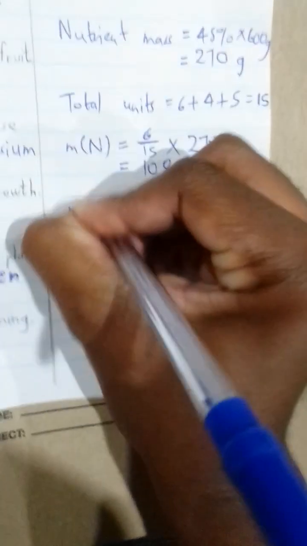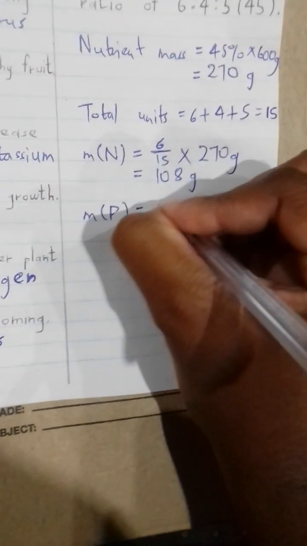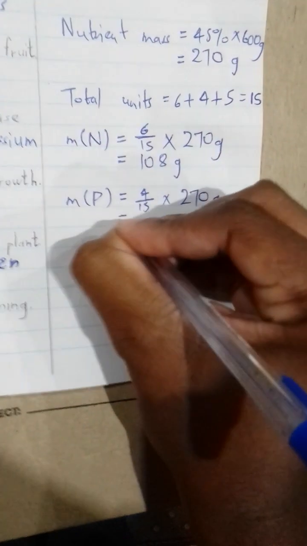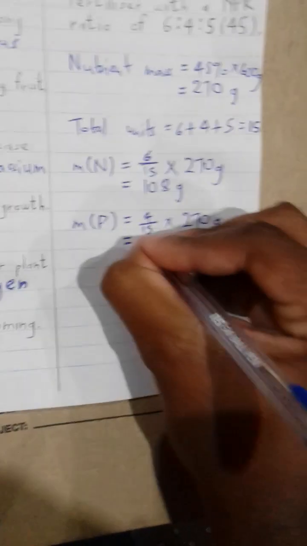Right? Then the mass of phosphorus, 4/15 times 270 grams, 72 grams. Okay.